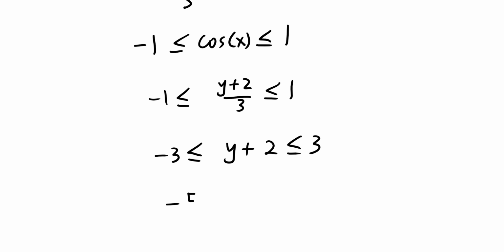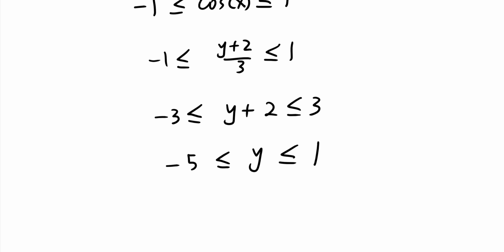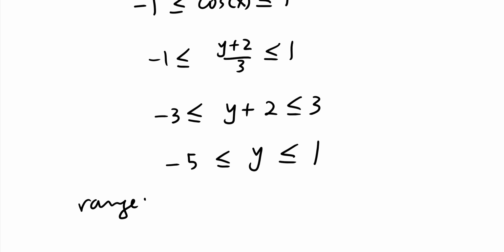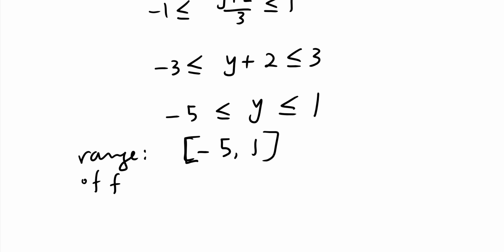Subtract 2 from all sides. I got y from negative 5 to 1. So that's the range, from negative 5 to 1, because the range means the y values. This was the range of f.